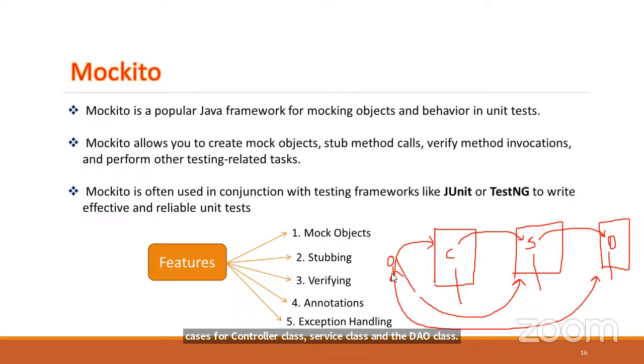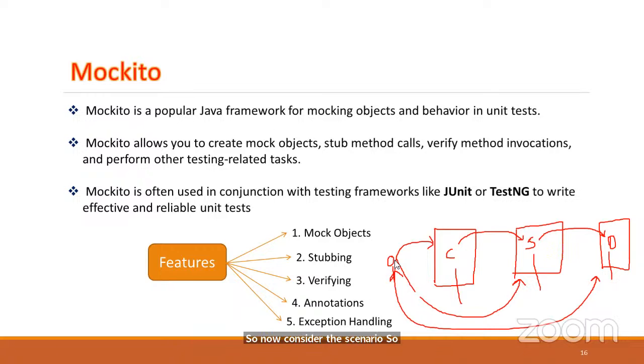So whenever you are writing the test class for the controller class, you require what object, sir? You require the service object, the service layer object, and the service component requires what object? DAO object. Right, guys?